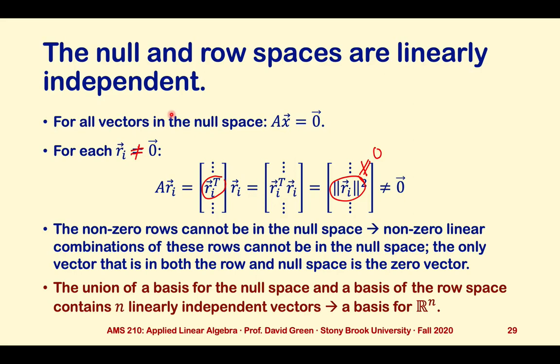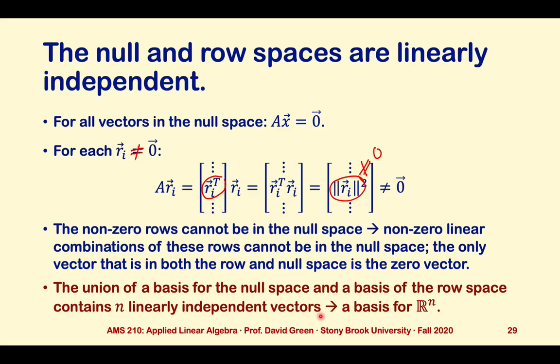Why is this important? This is important because if we take a union of the basis for the null space and a basis for the row space, union just means we take all of the elements and we stick them together. We basically make a bigger basis that's made up of the basis vectors from the null space and the basis vectors of the row space. These will contain n linearly independent vectors.